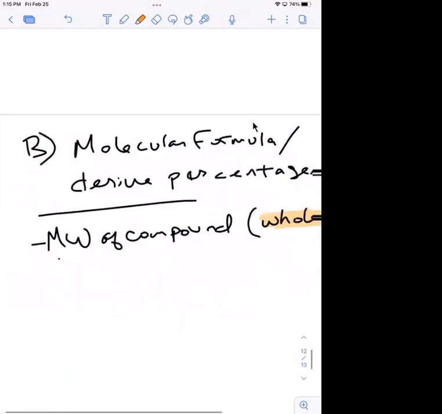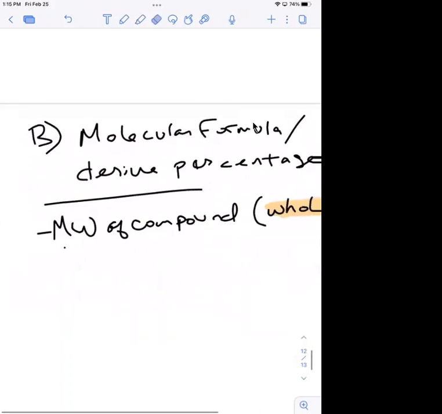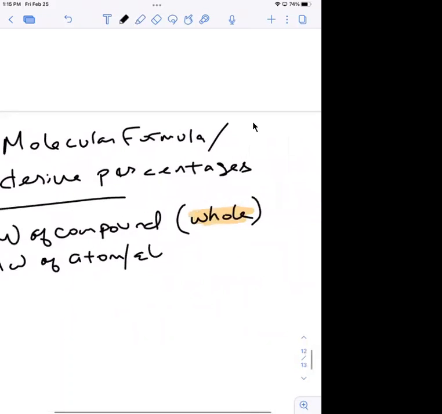And then we're also going to need the molecular weights of each atom within the compound. So that's going to be the part. Still the same idea: part over whole times 100.